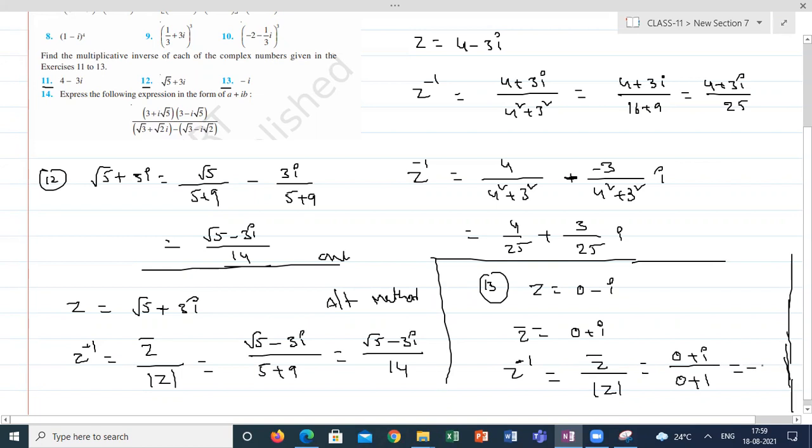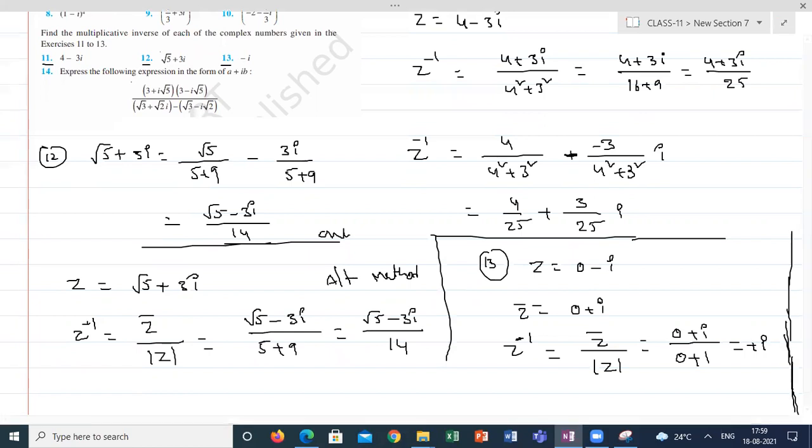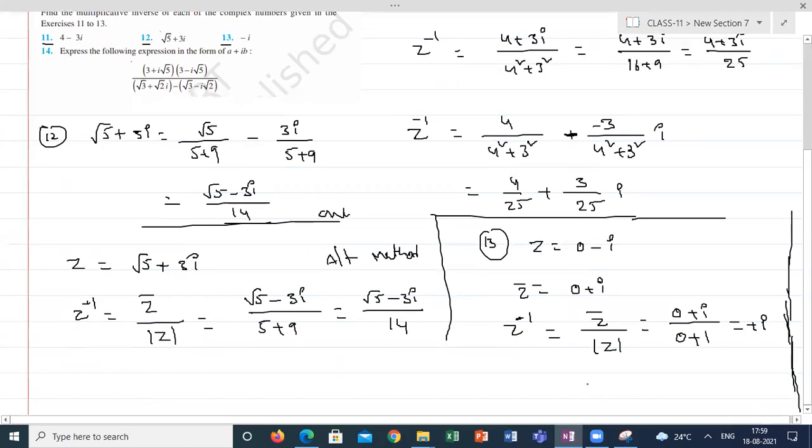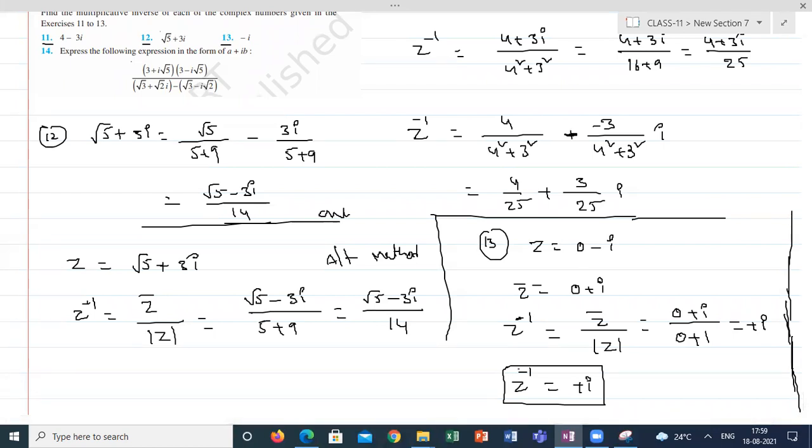So what is the answer? Plus i. Is it clear? What is the Z inverse? Inverse of minus i will be equal to plus i. If you multiply, you will get the answer 1. That is the multiplicative inverse; the product should be this one.